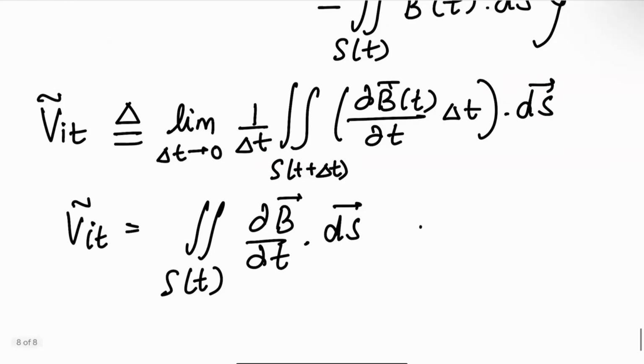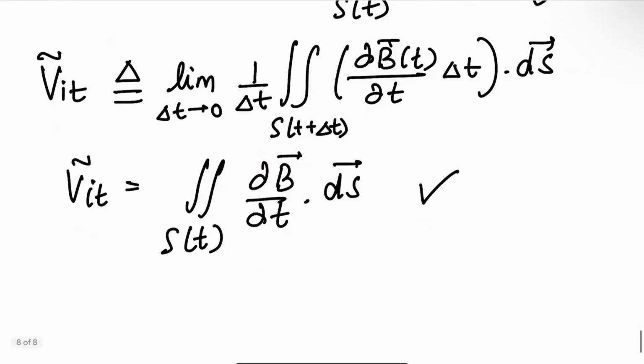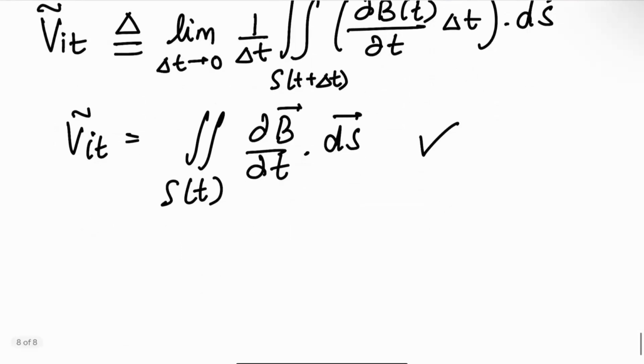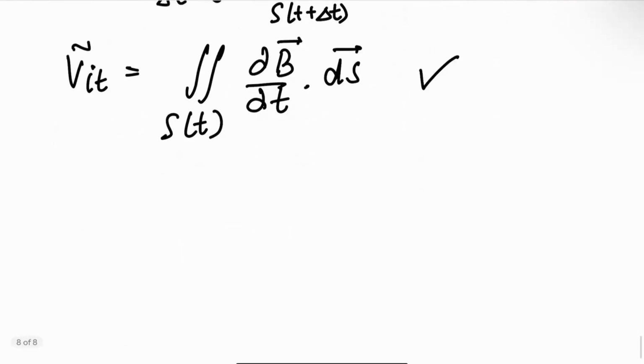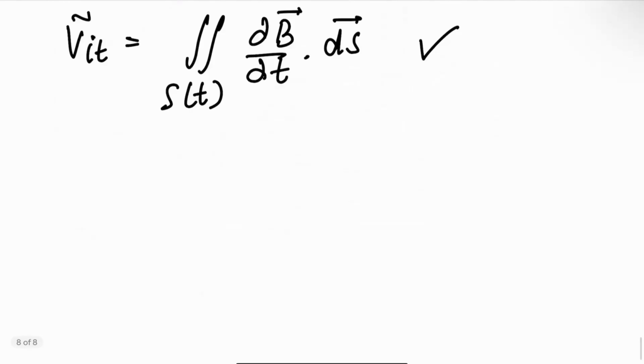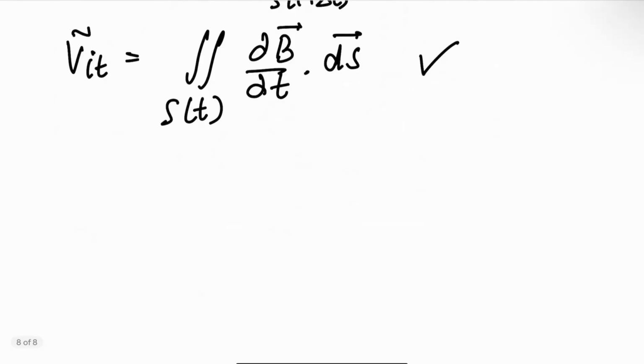Right, so this is actually one relationship. V_IT we will name later: it's the transformer induction voltage. But for now, let's just say it's V_IT. The other term left over is V_IM, where M is what is left over.